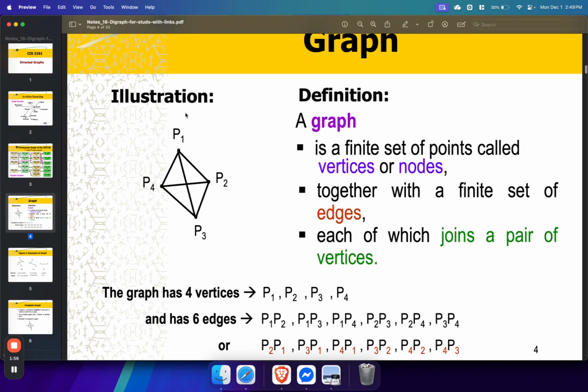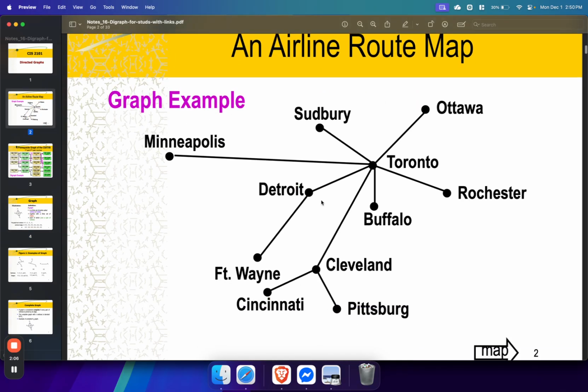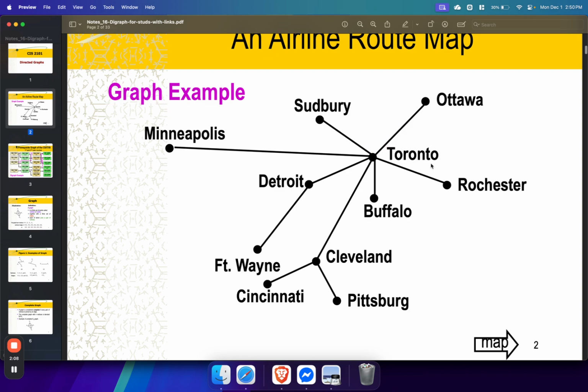A graph is by definition a finite set of points called vertices or nodes. Each point inside your graph, for example Toronto, Ottawa, Rochester, Buffalo, is what we call a vertex or node.